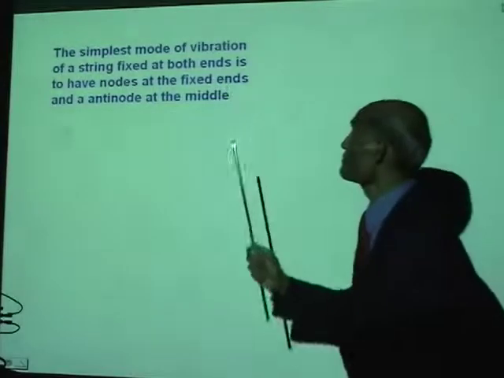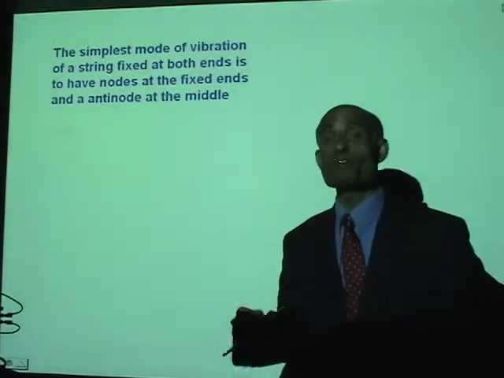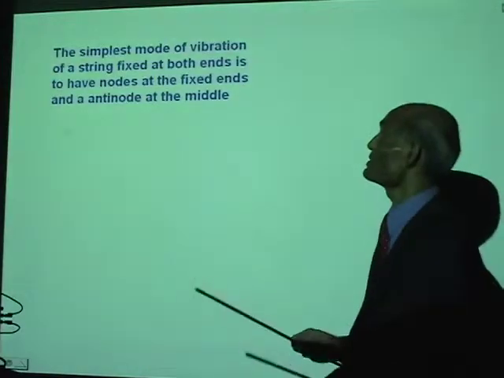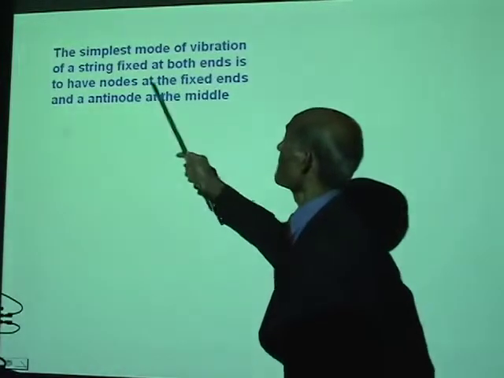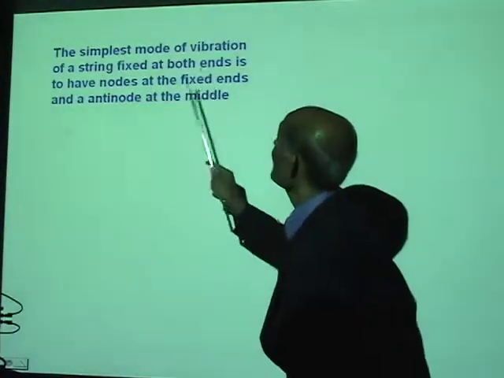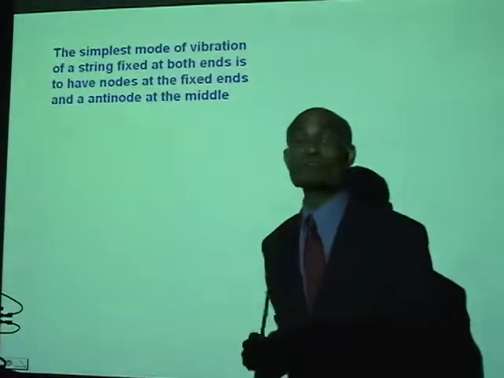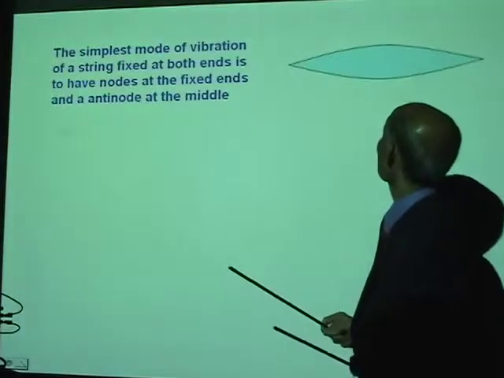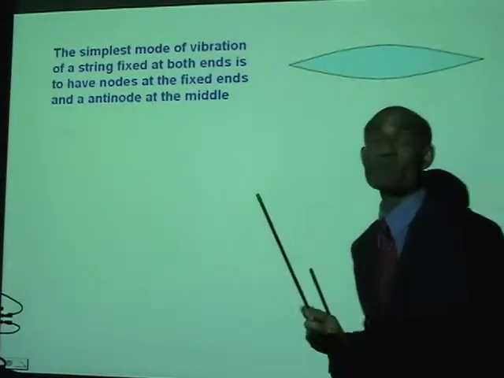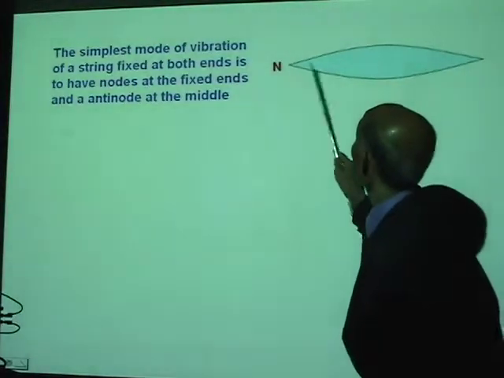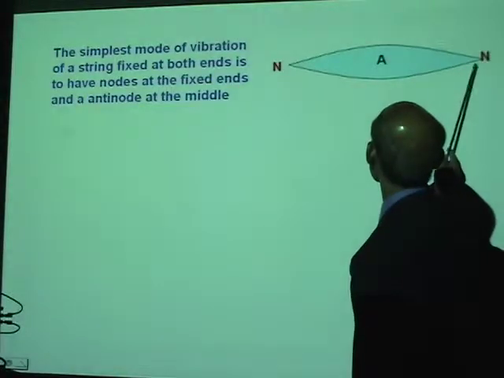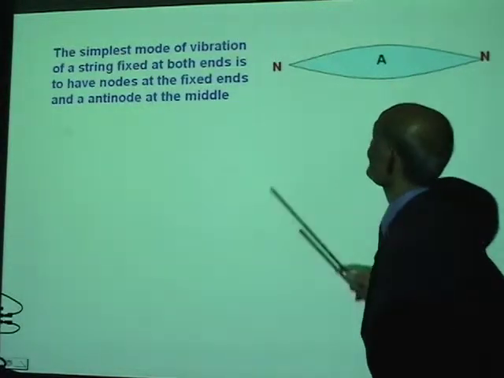Now, the simplest mode of vibration, we call the fundamental mode of vibration, is that it has nodes at the fixed end and antinode at the middle, and it looks like this. If I make a drawing, you got a node and a node there and an antinode at the center.